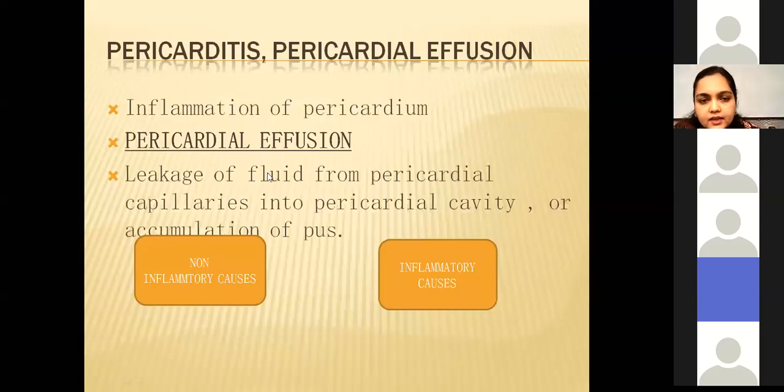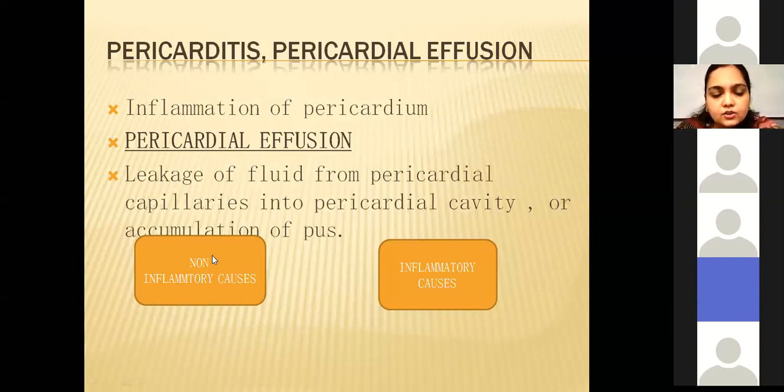Now the clinical aspects, pericarditis and pericardial effusion. The pericardial cavity, a small potential space, is present between the visceral and the parietal layer of the serous pericardium. Accumulation of fluid in this space is termed pericardial effusion. Leakage of fluid from pericardial capillaries into the pericardial cavity leads to accumulation of fluid.